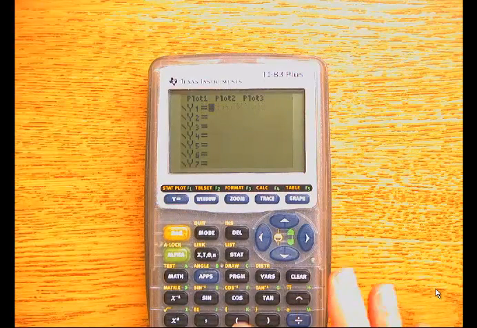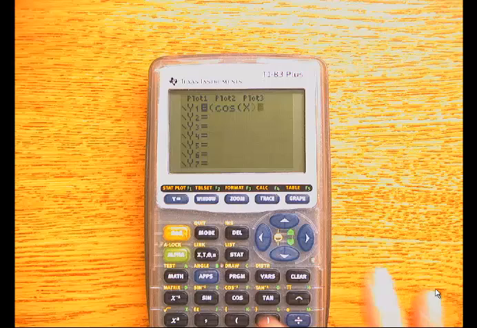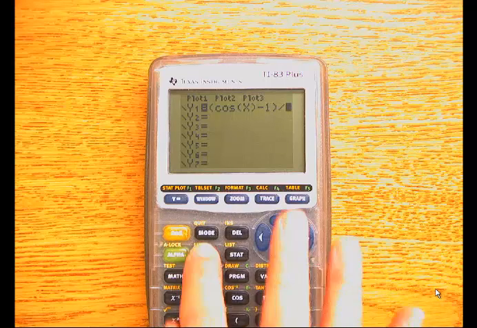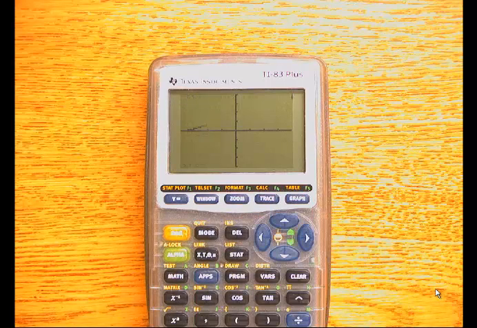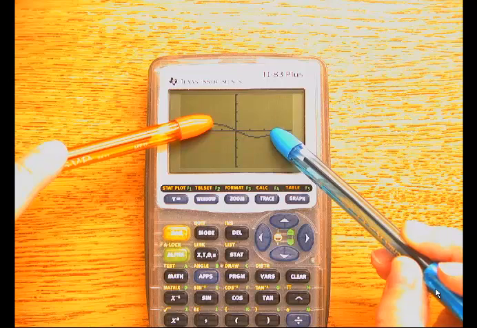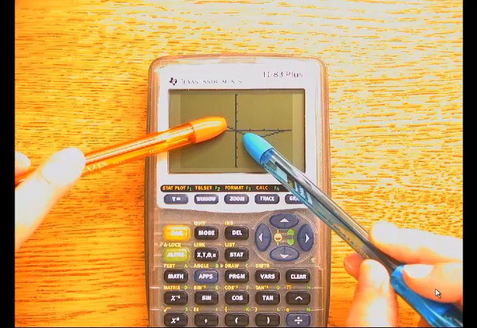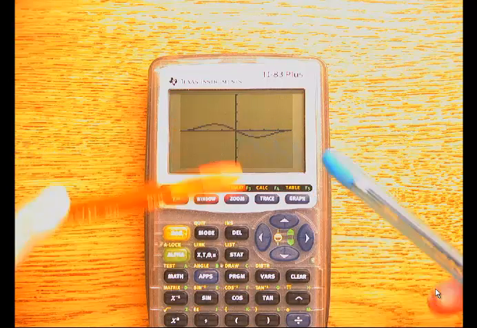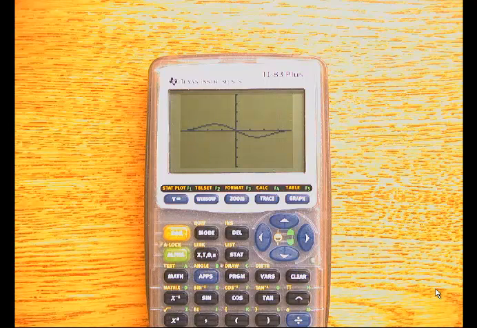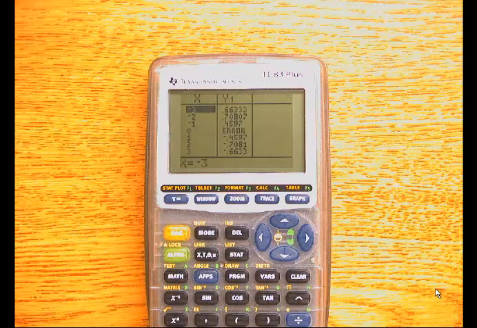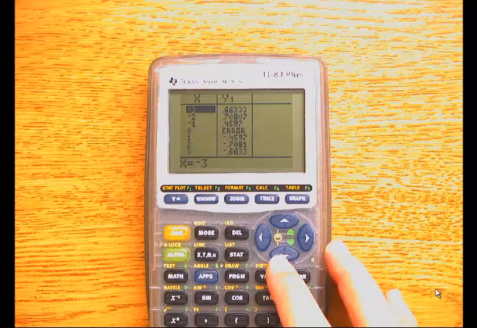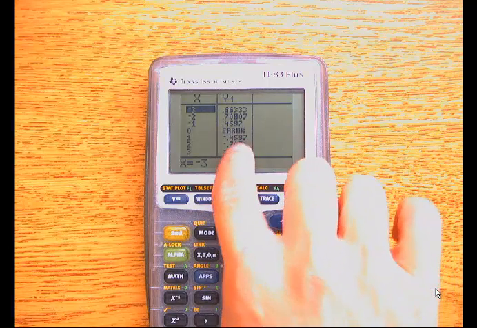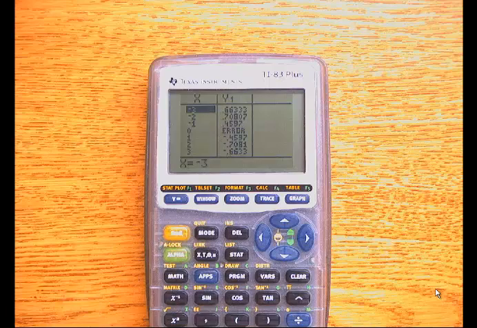So if I take a look at the graph of cosine x minus 1 divided by x, it looks to me, again, just like the last one, that there's a very clear limit there. As the values of x are approaching 0, it looks like the y values are wanting to come together at 0. And if I go to the table like I did last time, these values, sure enough, are creeping towards 0 on both the left and the right.